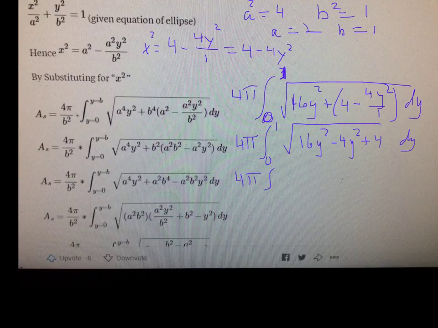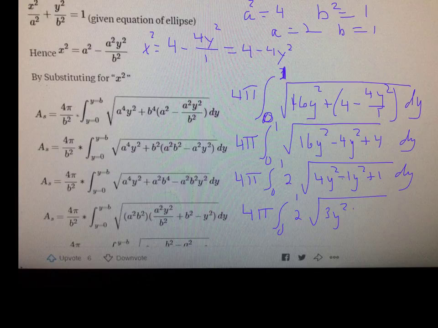So a 4 can come out of that whole thing as a square root, and we would be left with 4y squared minus 1y squared plus 1 dy. 3y squared plus 1 dy. So I'm not sure if that helps us a whole lot. It's sort of similar to what we got before, but I think by setting it up this way with b equal to 1, it gets rid of all those fractions that we were dealing with before, because we had everything over 4, because we were setting it up with the radius on the x-axis.